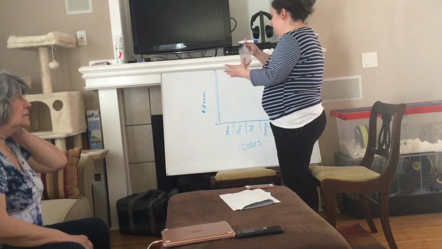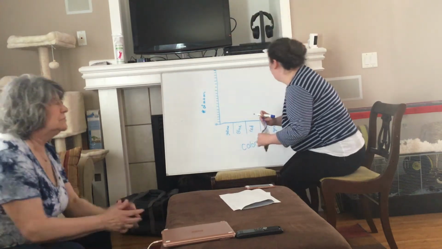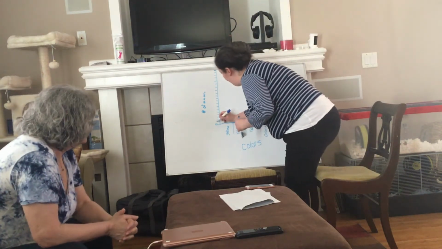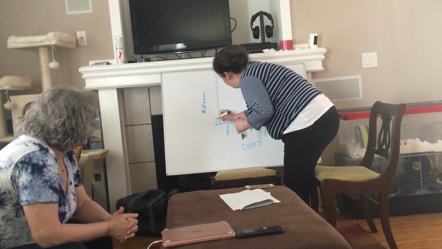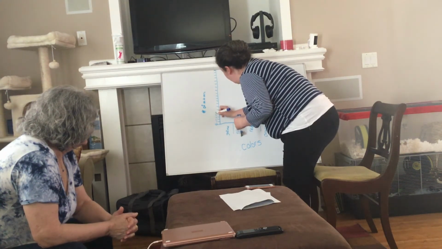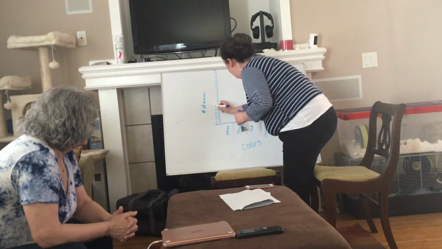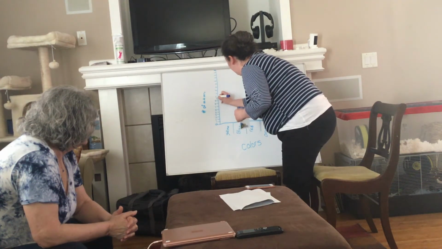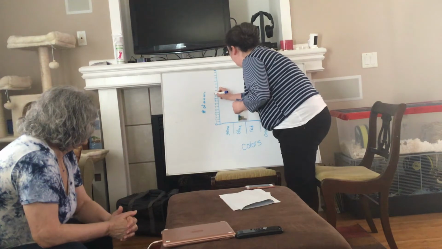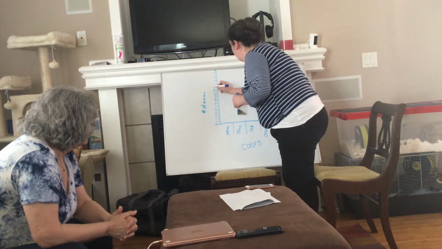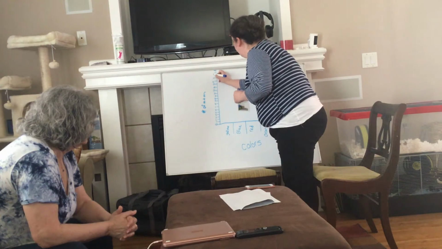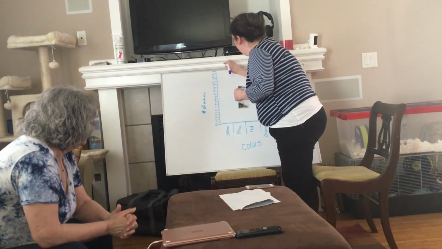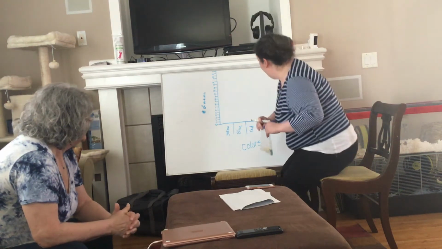Good thinking. Okay, so now we have our numbers, and I'm gonna have you guys actually write in your numbers, but just for the sake of time here, I'm gonna do it really quick. 9, 10, 11, 12, 13, 14, 15, 16, 17, 18, 19. My board doesn't want to stay up.